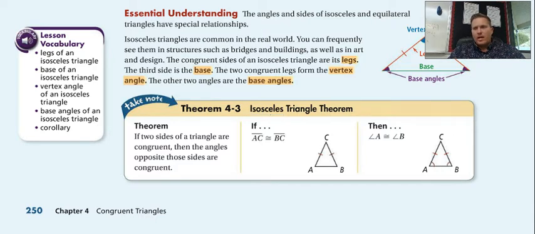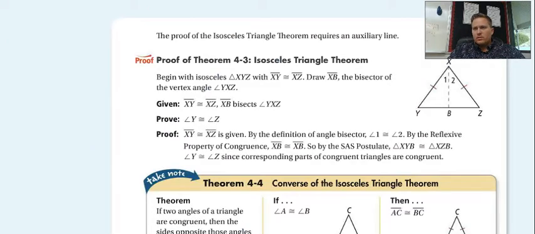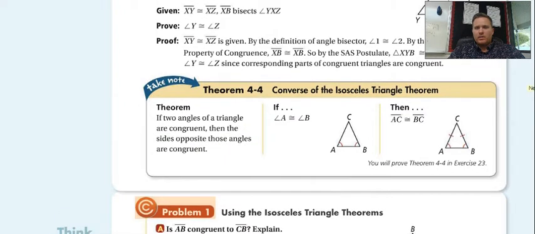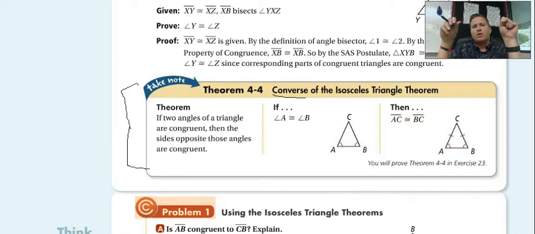And then my next one is going to be very similar, but it's my converse. All we're doing is taking the converse of the one that we just had. So remember, we have my hypothesis and my conclusion. All we're doing with my converse is switching them. We said before that if the sides are congruent, then my angles are going to be the same.